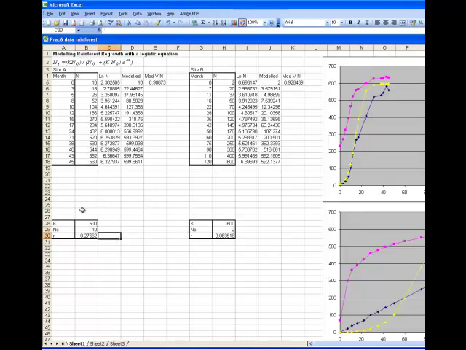So this would be a more appropriate parameter to use if we're trying to make a better fit for the model.